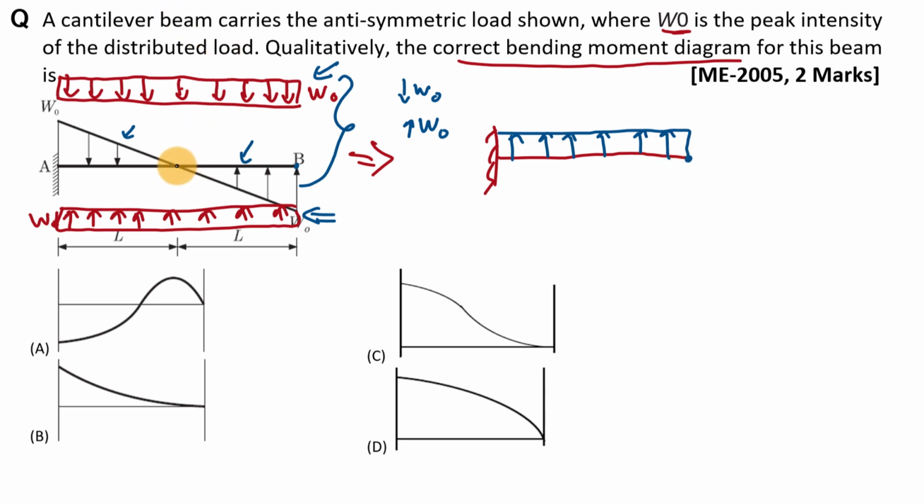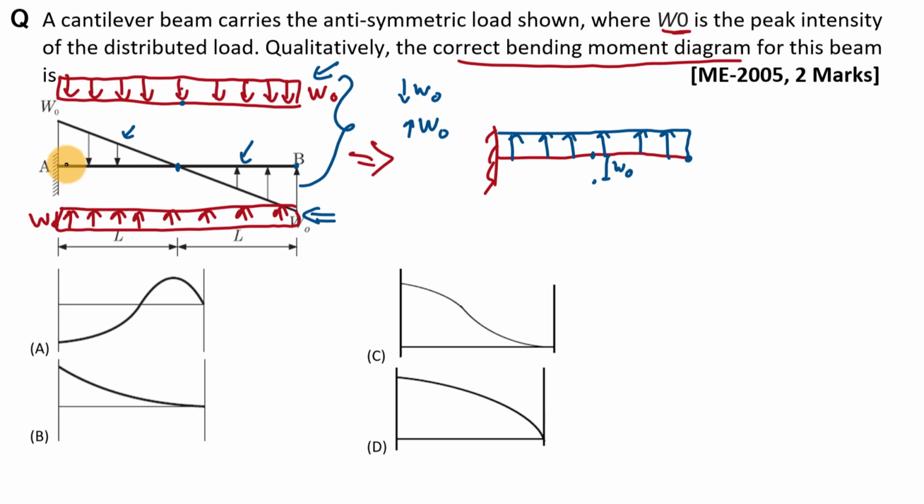Now at this midpoint there is only one distributed load, the uniform distributed load having value W0, in the downward direction. So at this midpoint, the value of the uniform distributed load is W0, right?